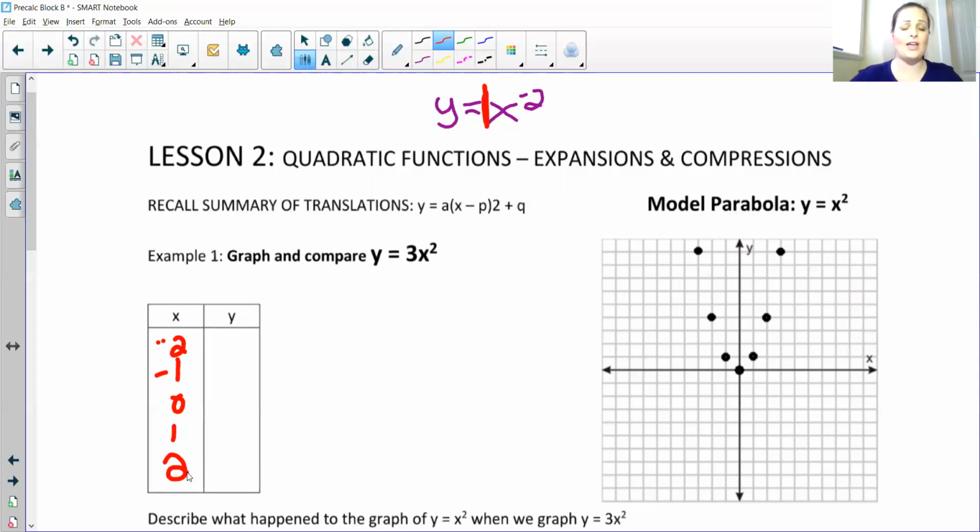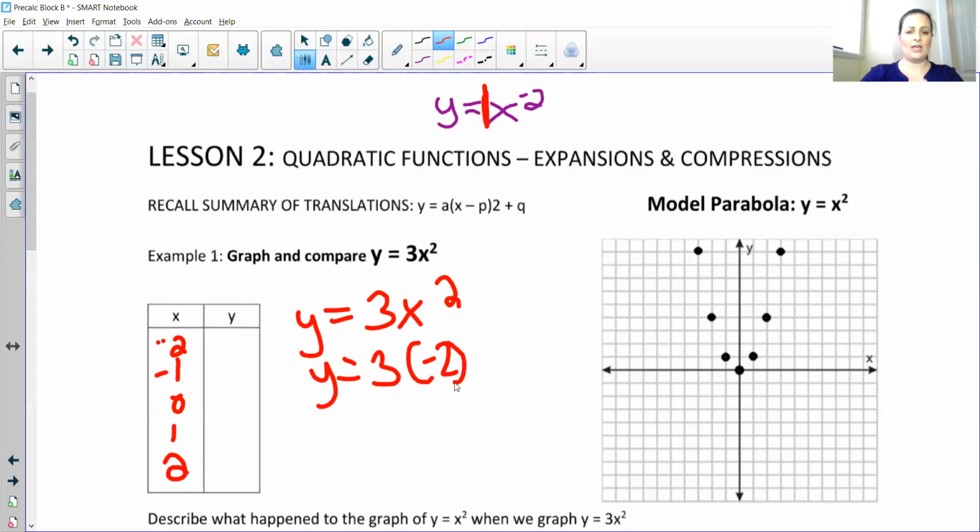So you're going to do a table of values, putting in numbers for x, remembering that you always have to follow BEDMAS. So this first one, our equation is y equals 3x squared. If we replace that x with a -2, the -2 gets substituted in brackets. And then we have to follow our order of operations. So you do brackets first.